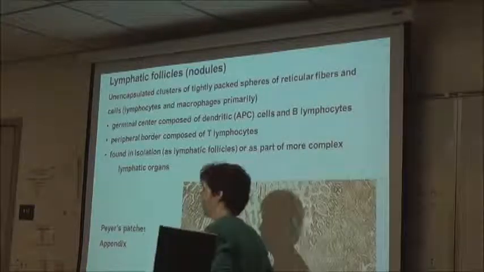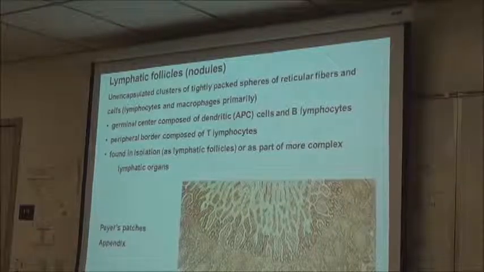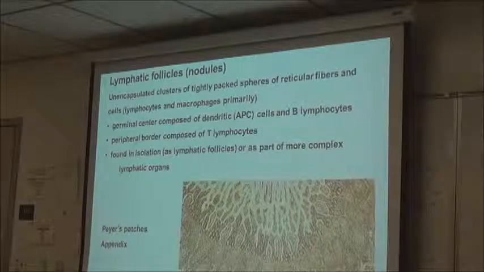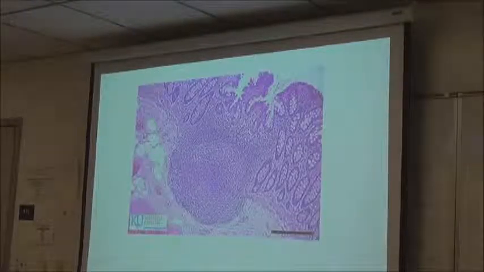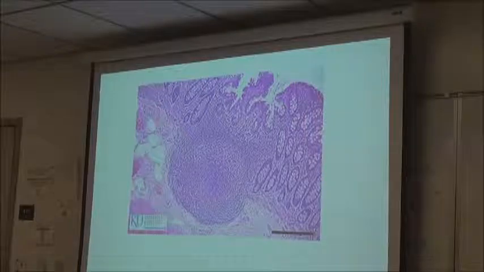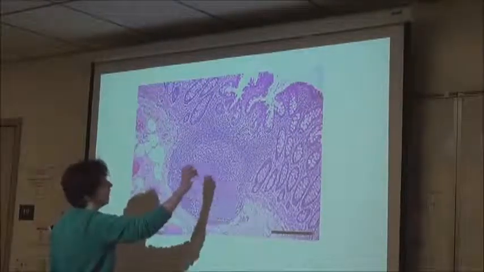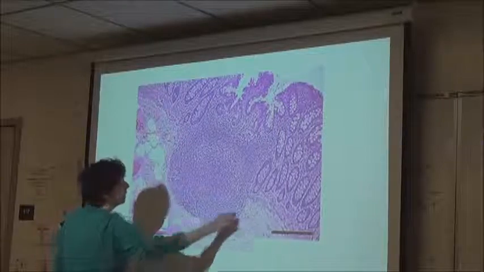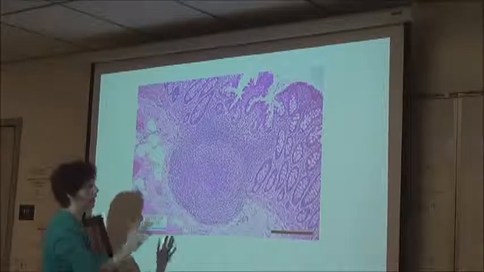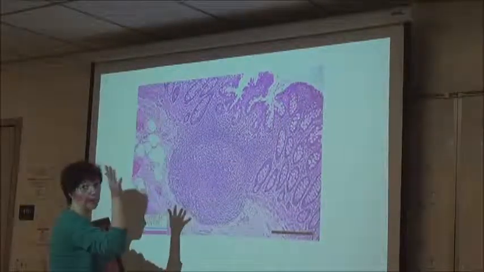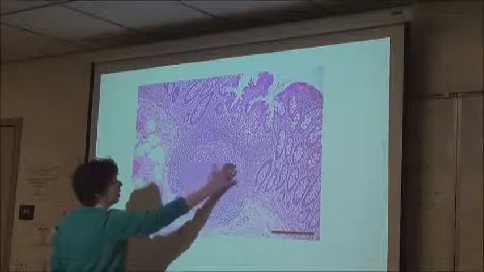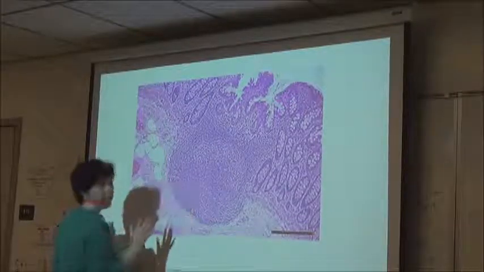Let me switch the image to a higher power here. So here's something similar to what I have on the model. We're in the colon right now. Here is a single lymphatic follicle. It's a little hard for me to see close up, but those of you farther away can see that this area right here appears lighter.